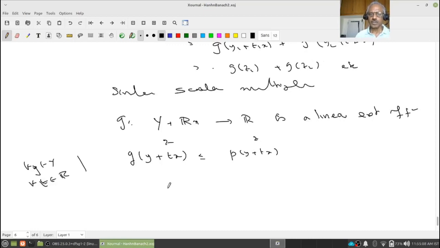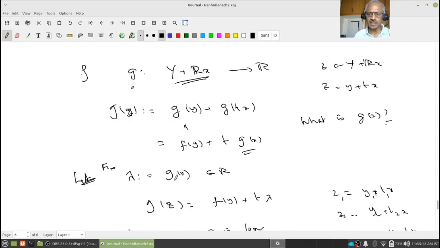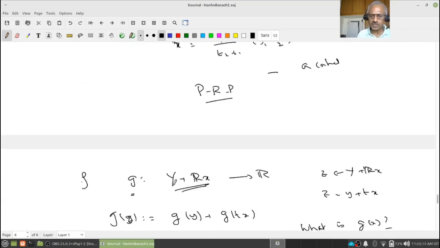Because what do I want? I want to extend to all of X, but I want to say whether I can extend f at least to this, so that I will have g of z less than or equal to p of z for all z in y plus Rx.